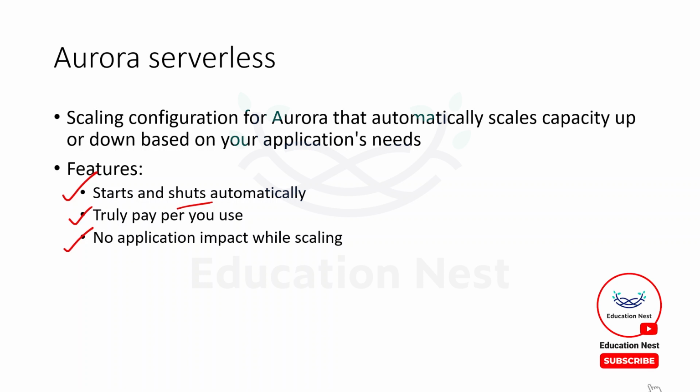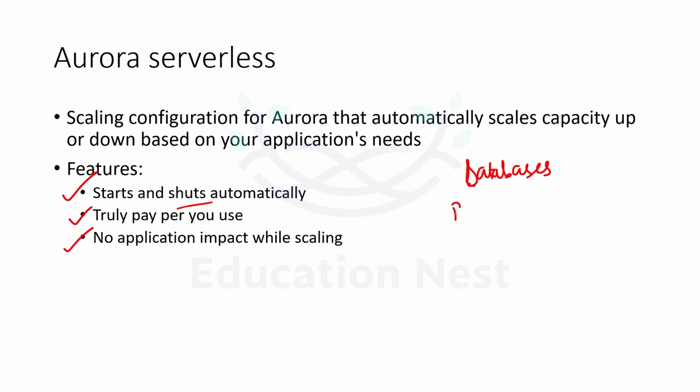So till this point of time, we have discussed databases. We have discussed the different types of databases, basically categorized under relational and non-relational databases. Then we have talked about different AWS services which provide us with database services.